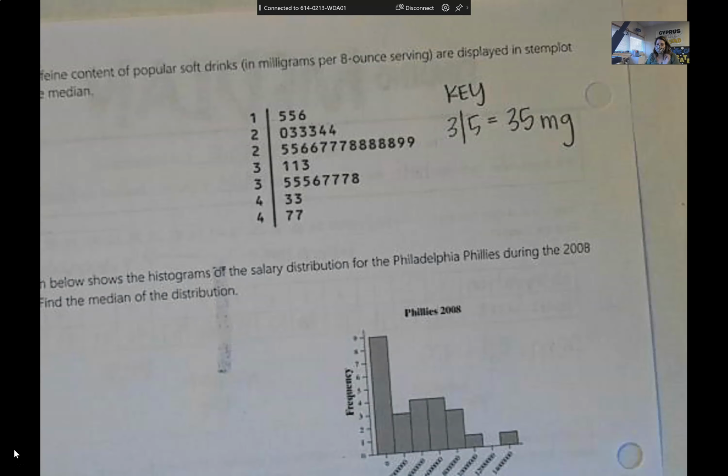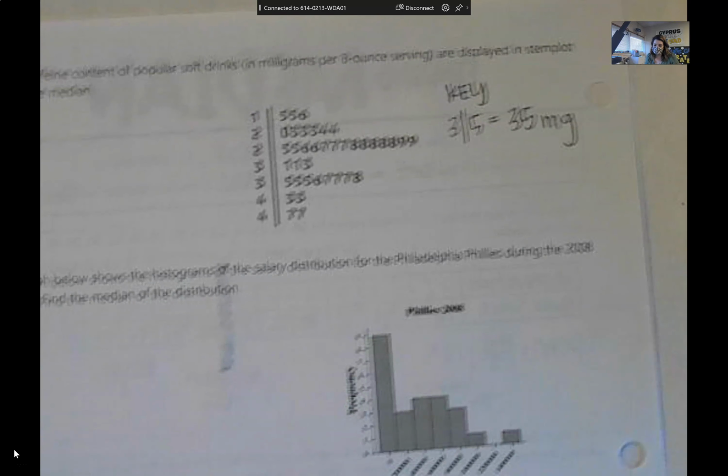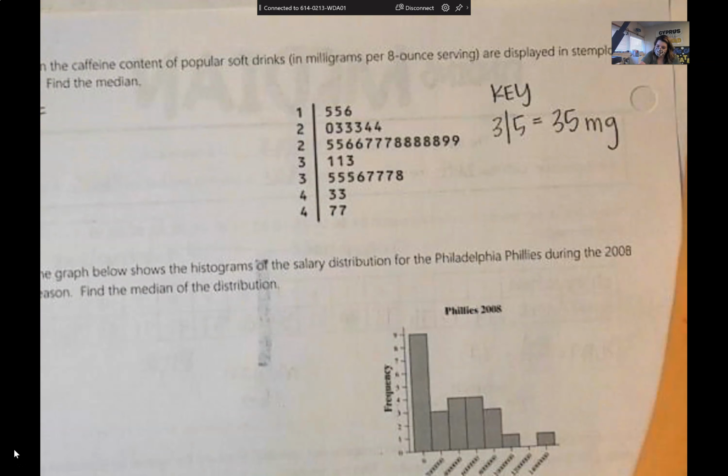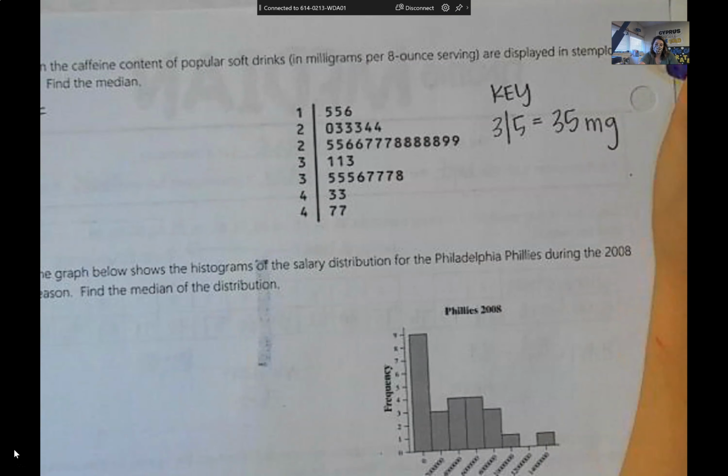So step number 1 is we need to know the number of observations. Does it tell us? No. So we got to count the leaves. Did anybody count the leaves yet?